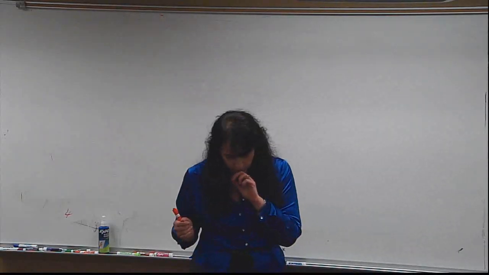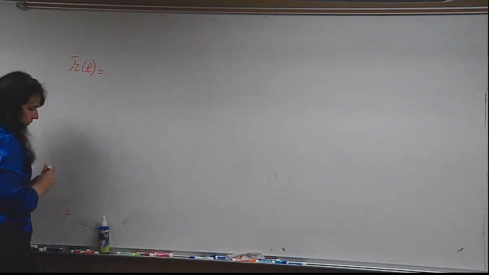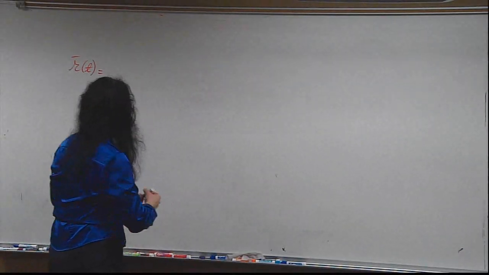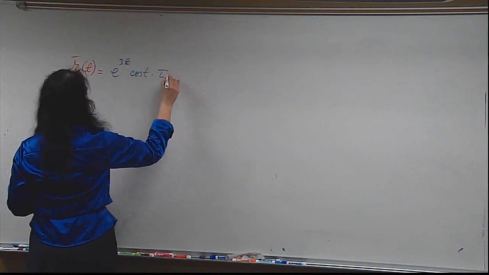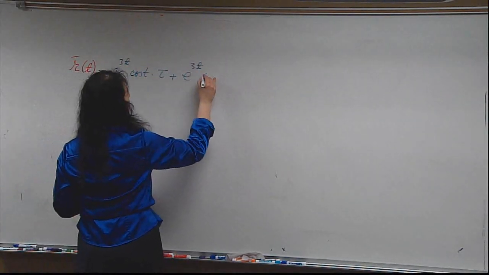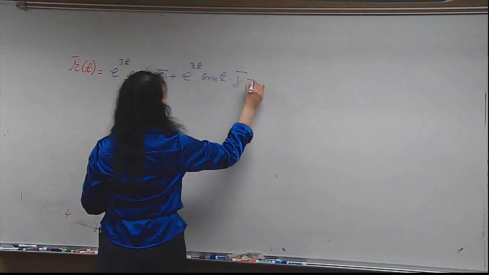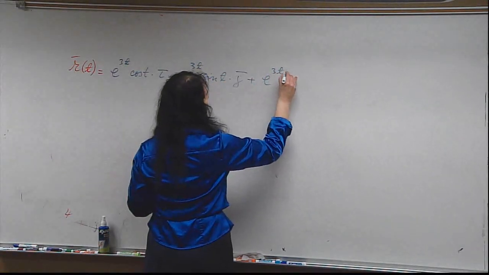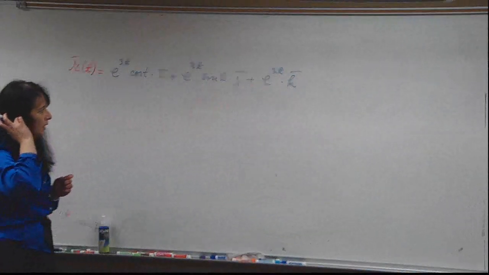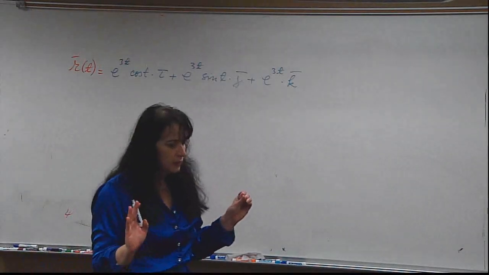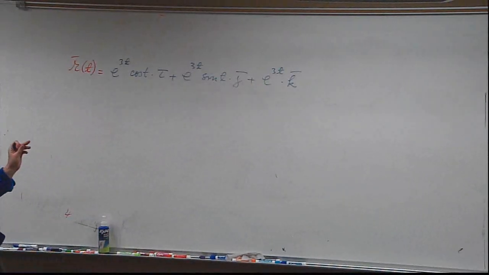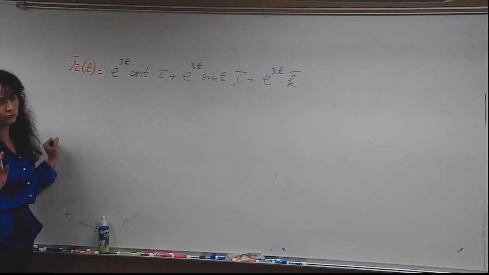But this is a computational problem, very pretty in itself. e to the 3t cosine t i plus e to the 3t sine t j plus e to the 3t k. And I think this was more or less in everybody's homework the same. There's a position vector given in parameterized form.